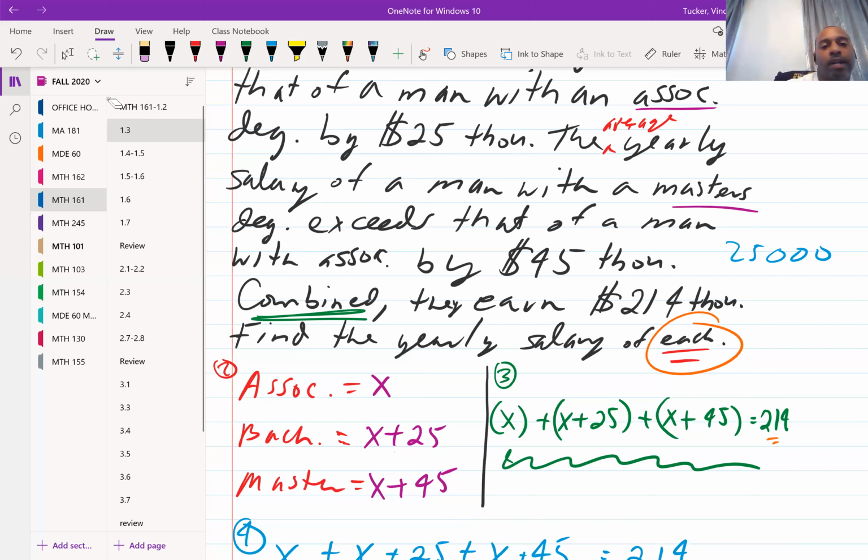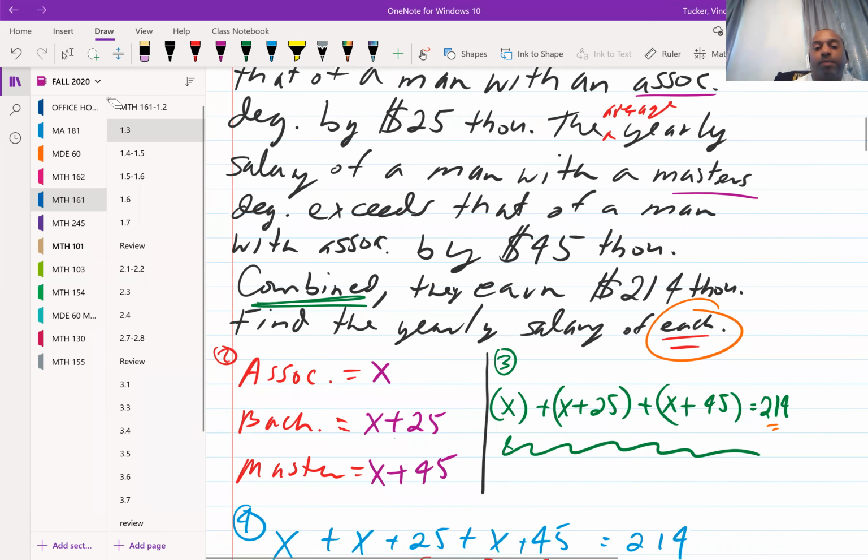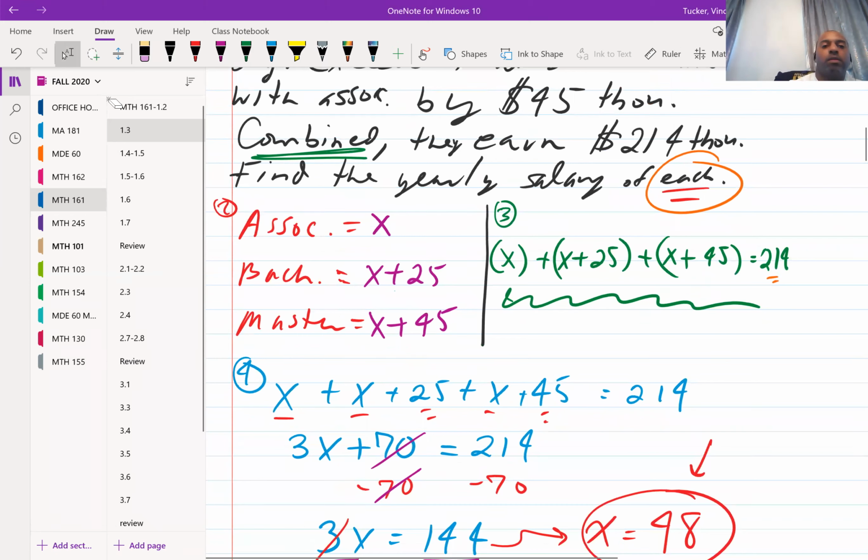Any questions on that? Make sure that that's okay before we move forward. All right, we good. So then from there, you go ahead and solve like we did last section. Those parentheses aren't needed.